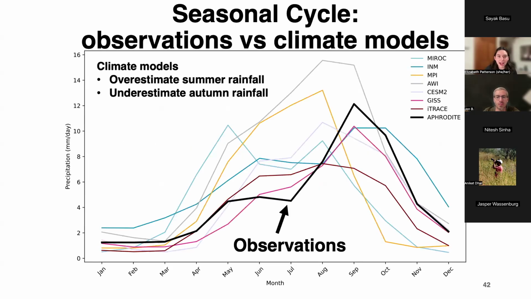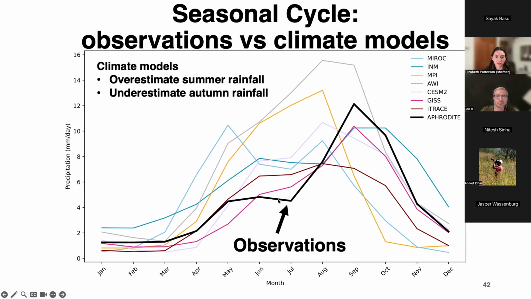So if we go back, or I got ahead of myself. One important thing to know about climate models, especially in this region or at this study site, are some of the biases that they have, and that will affect how we interpret the climate model output. So what I'm showing here is a seasonal cycle of rainfall.